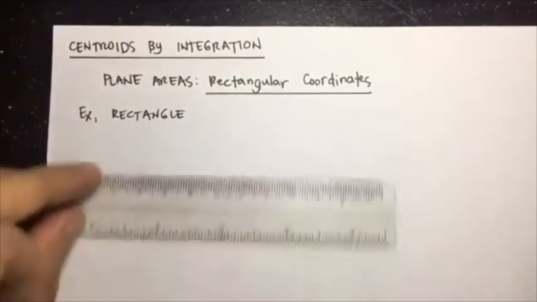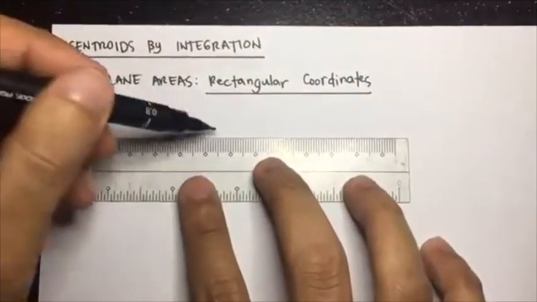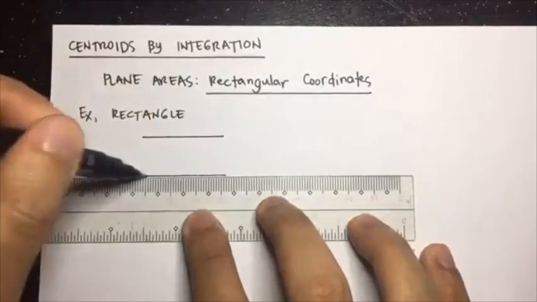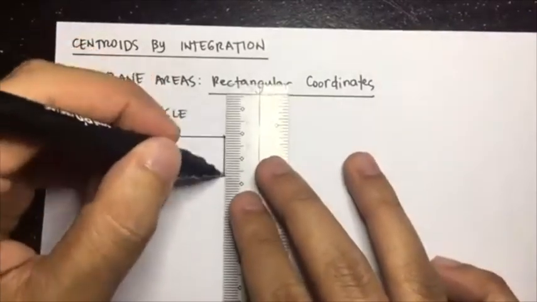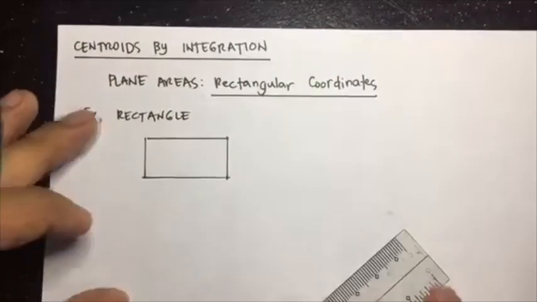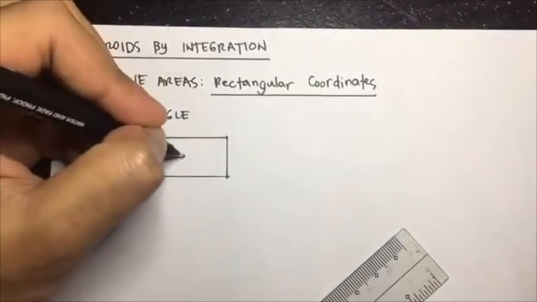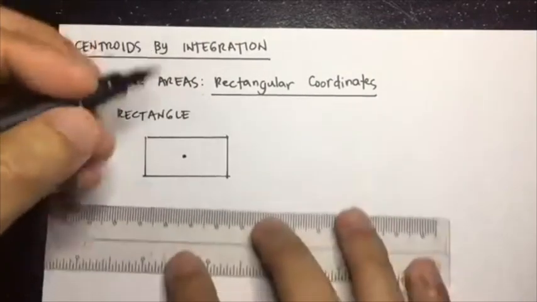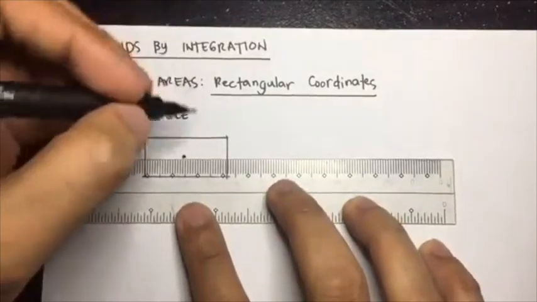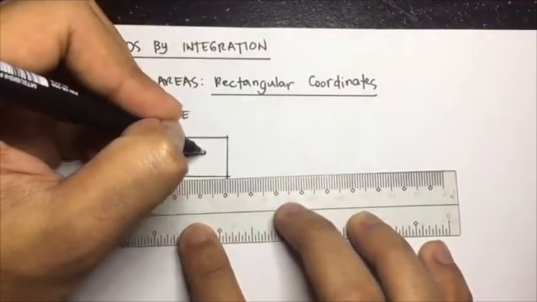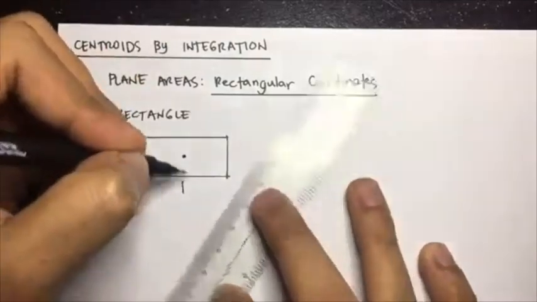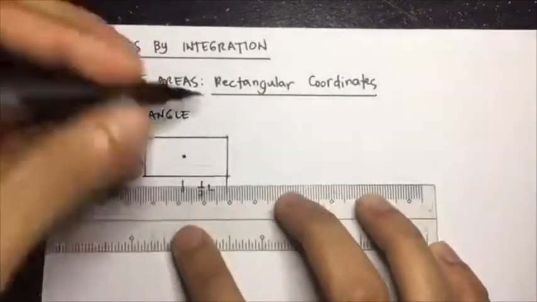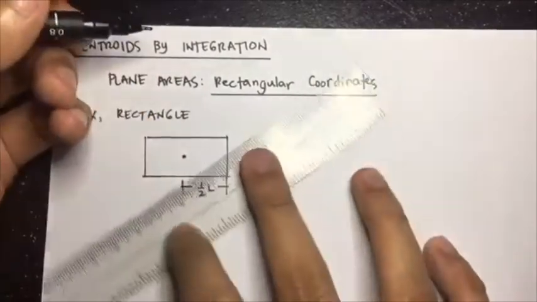A rectangle is a very simple geometric shape, so its centroid will be a point located at the center, where the location of that is one half of the length and one half of the width.